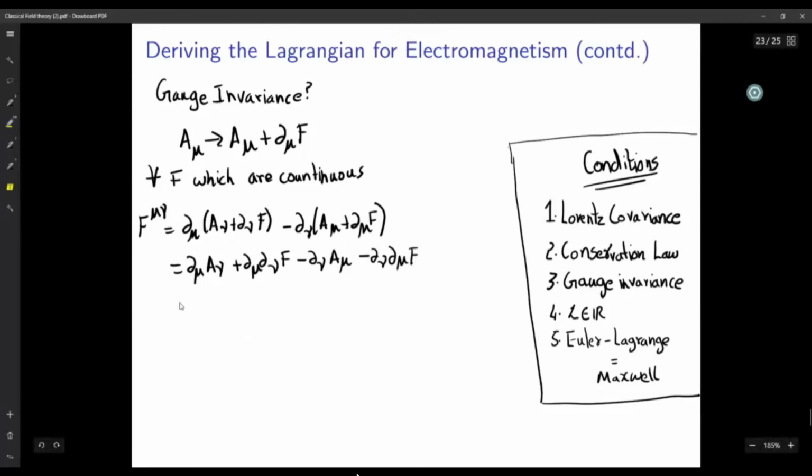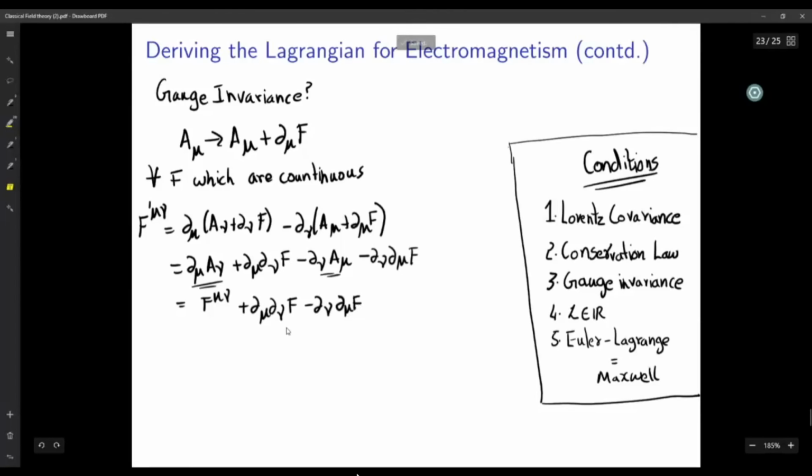Yeah. So now, this term and this term is essentially just F mu nu. This would be F mu nu prime because of the transformation, but this would just be F mu nu plus dou mu dou nu f minus dou nu dou mu f.